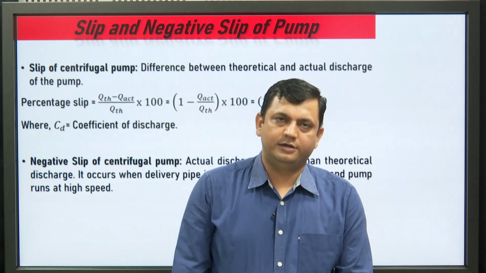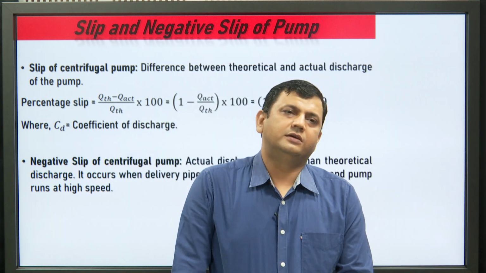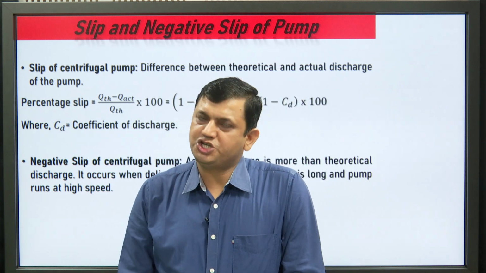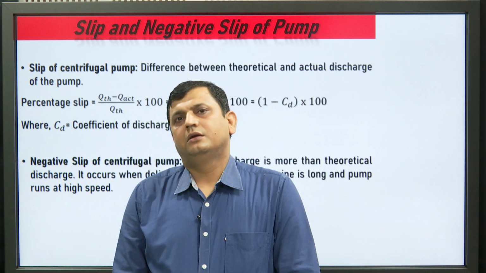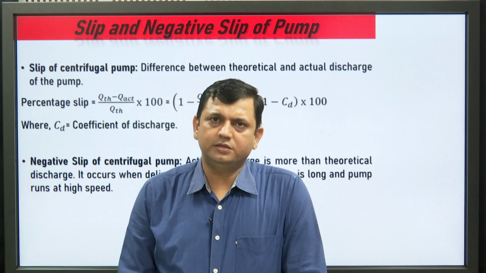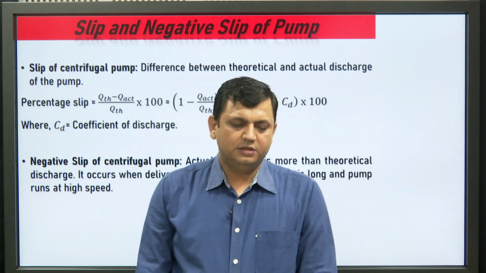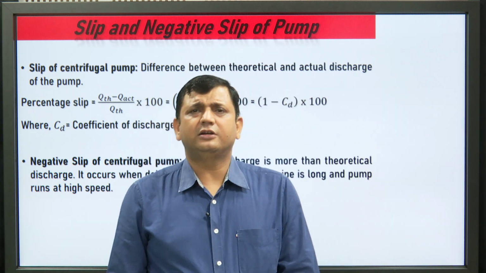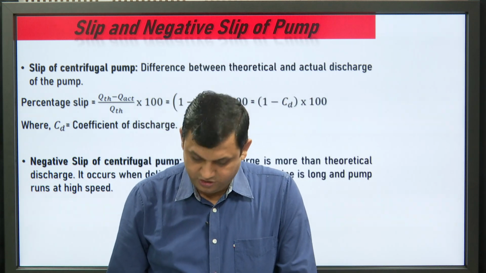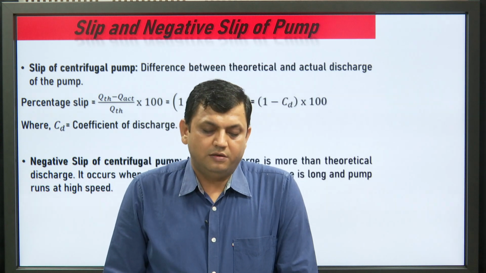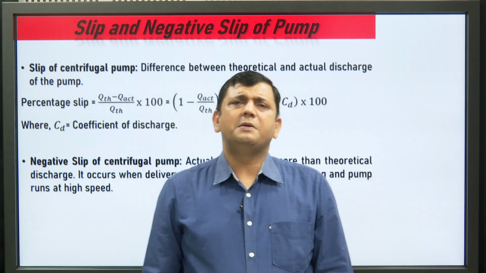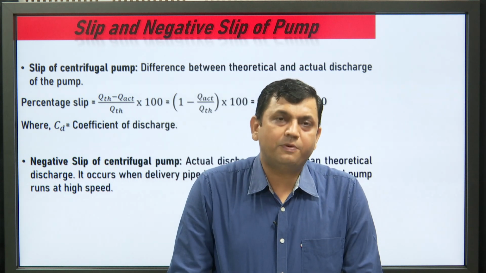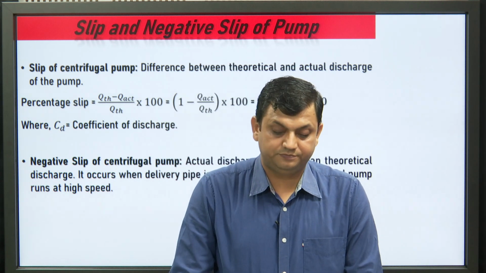After discussing how we calculate the discharge, and the work done meaning the ultimate power, we define two very important terms: slip, which may be positive or negative. First we define what is the slip of a centrifugal pump.